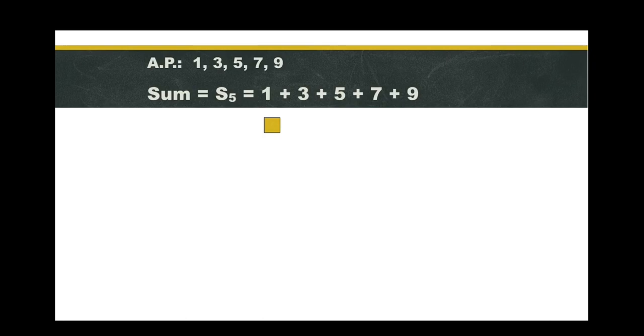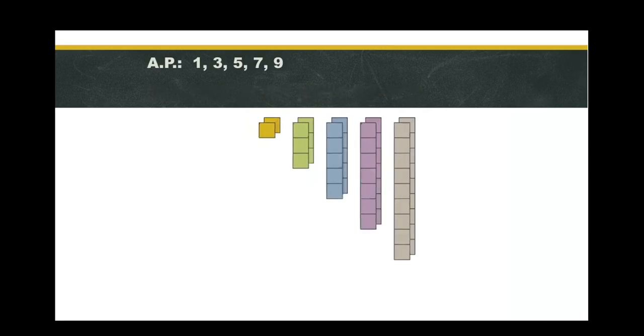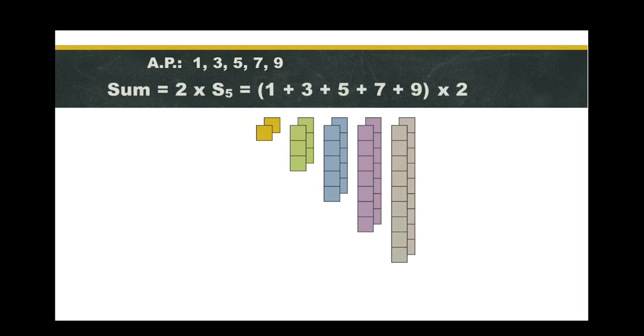Consider 1 as a small square of side 1 unit, 3 as 3 such squares, and 5, 7 and 9 as 5 squares, 7 squares and 9 squares in a line. Now, for the simplicity of the method, we will duplicate this, and hence we get this sum twice.